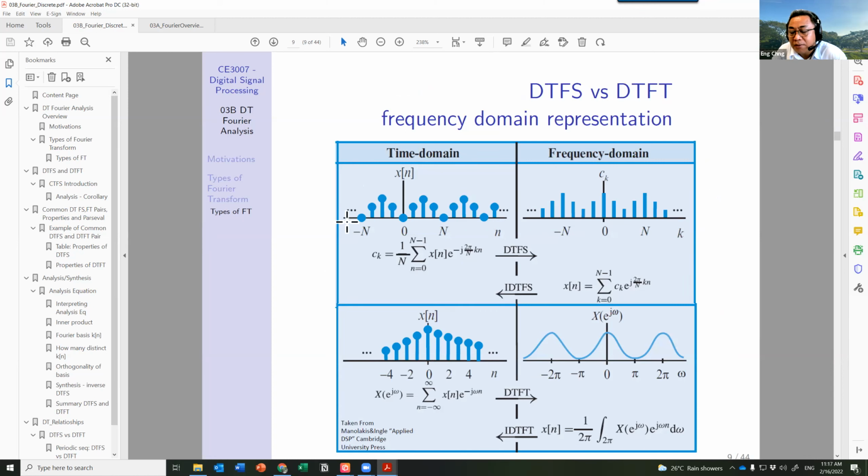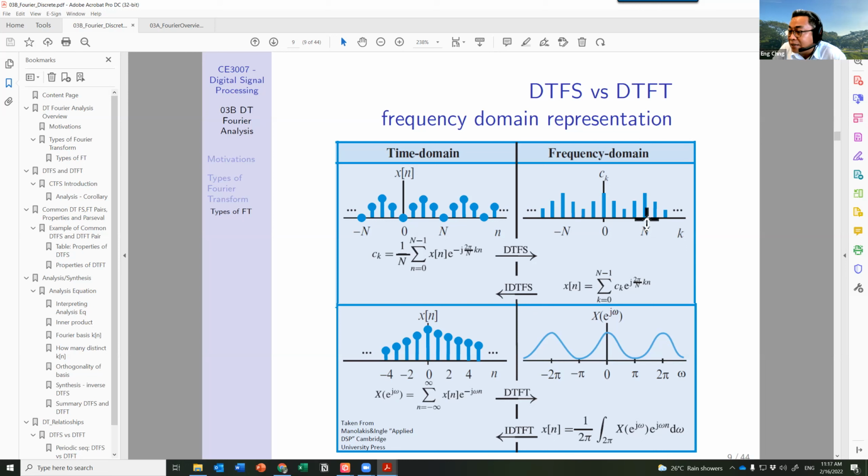Here is an input signal, discrete time, that is periodic, dot, dot, dot, dot, repeating itself. CK is this equation here. When I perform DTFS, I will get C0, C1, C2 until Cn minus 1. So in fact, I'm only interested in C0 to Cn minus 1. Why am I not interested in Cn?